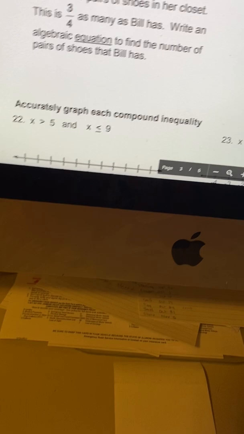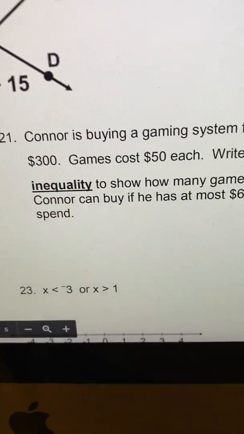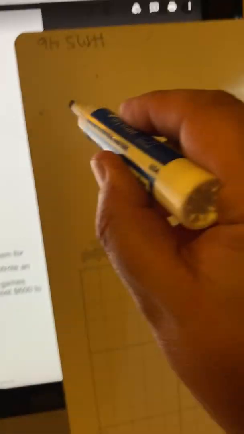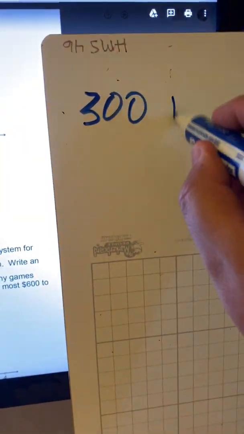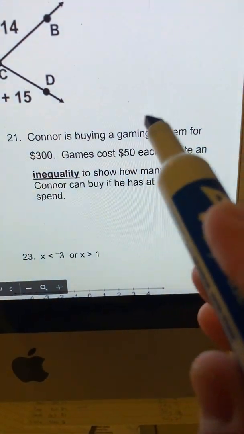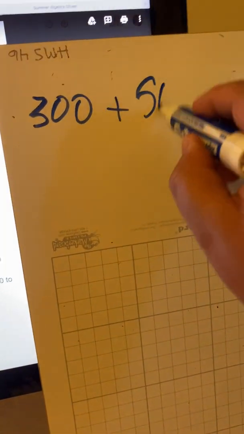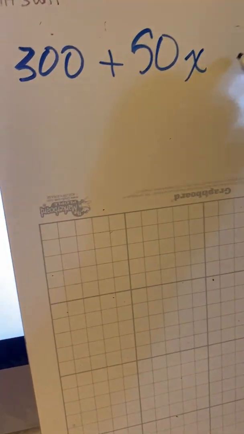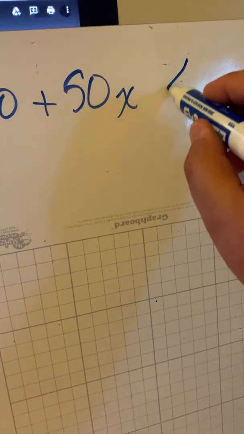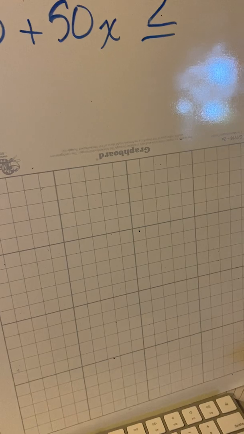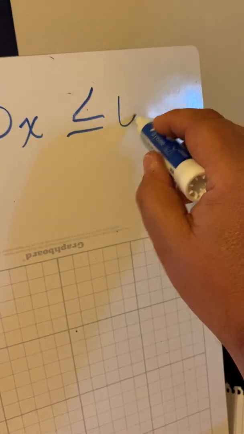Okay, so with this one, it says a game system costs $300 plus $50 per game, 50x. And we need to spend at the very most, no more than $600. That's what it wants.